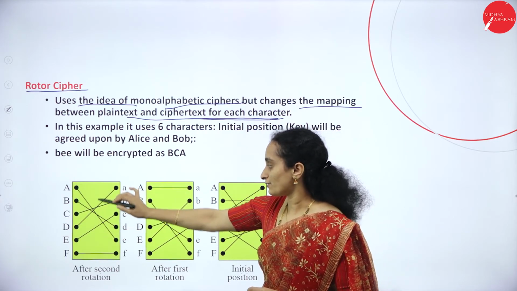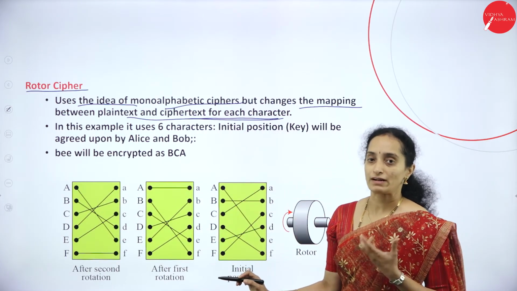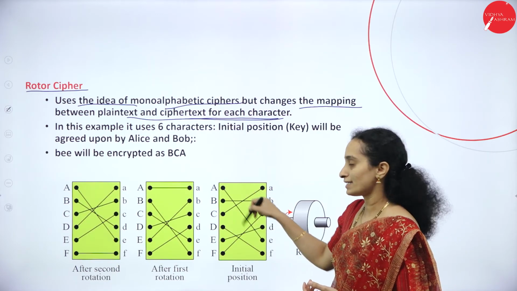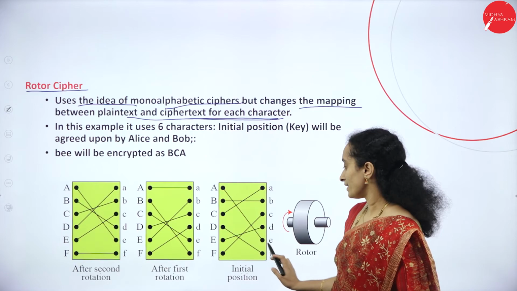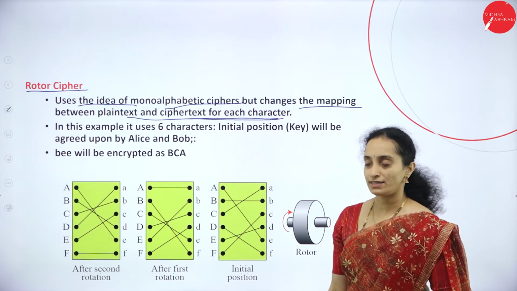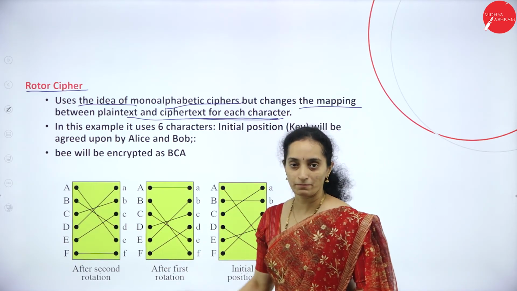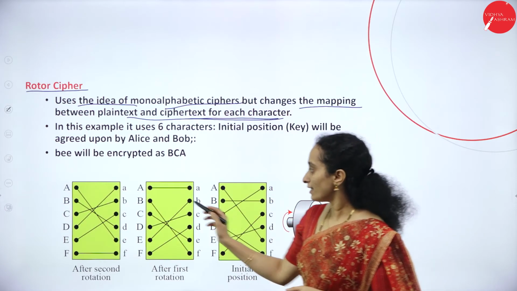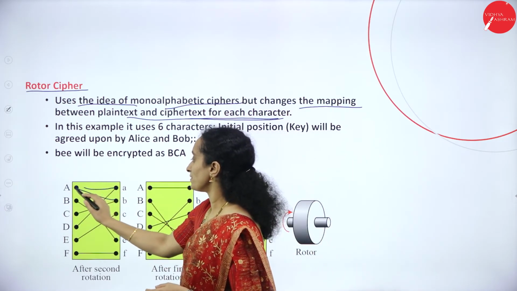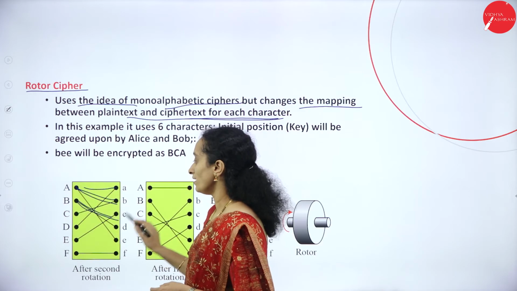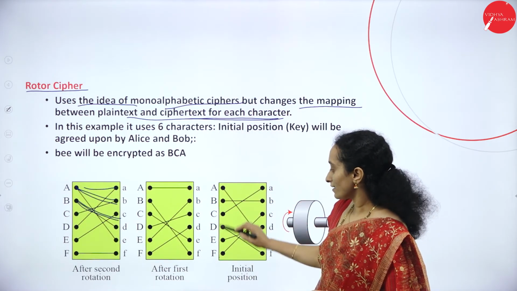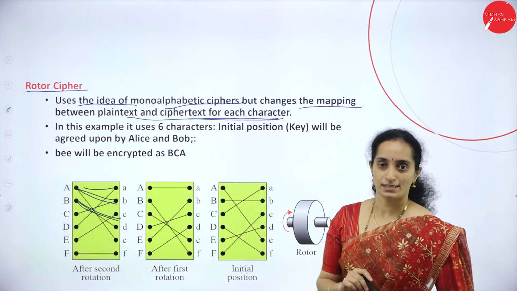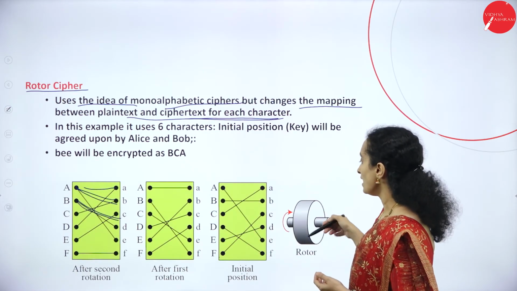This is shown just for the purpose of understanding that this connection is changed. But the wire connection between the plain text and the cipher text is always permanent. You cannot change it. There will be a wired connection between each plain text and cipher text character, but the characters will be changed each time the rotation happens.